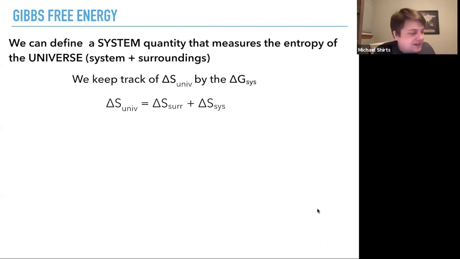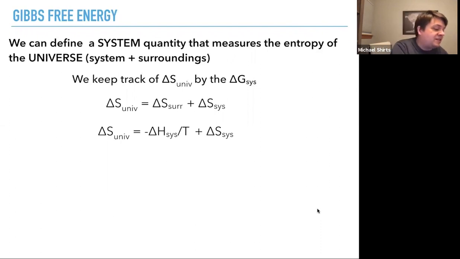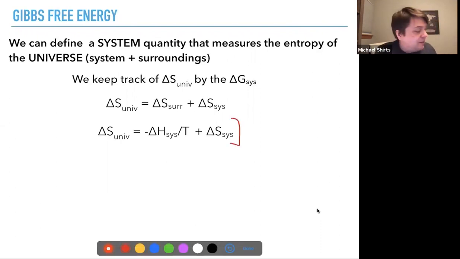So we know the change in entropy of the universe in a process is the change in entropy of the surroundings plus the change in entropy of the system. So we replace the change in entropy of the surroundings with minus the change in enthalpy of the system divided by T, plus the change in entropy of the system. And now we notice everything on this side is system labeled.